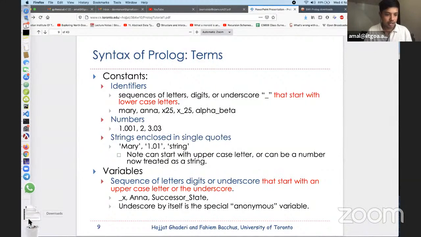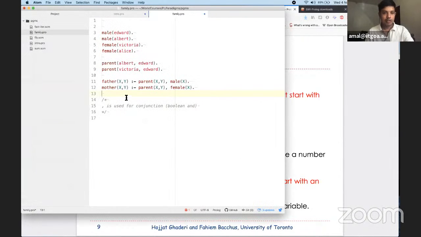For instance, if I say mortal of X, what should it mean? What is the meaning of this? If I say mortal of X dot, what could it mean?